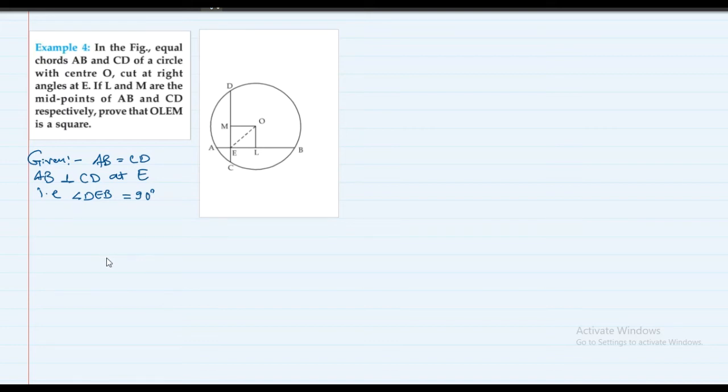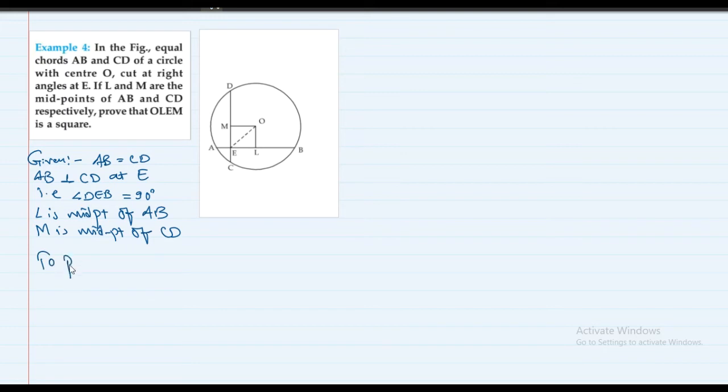If L and M are the midpoints of AB and CD, prove that OLEM is a square. So L is the midpoint of AB, M is the midpoint of CD.